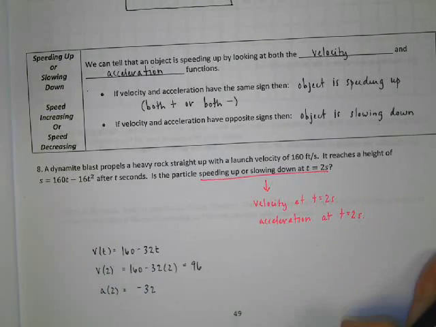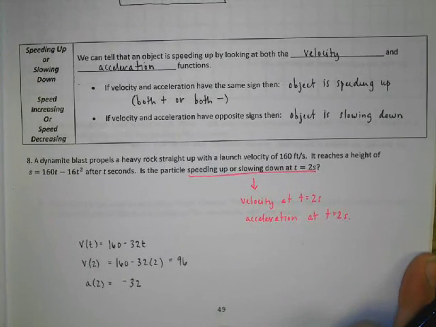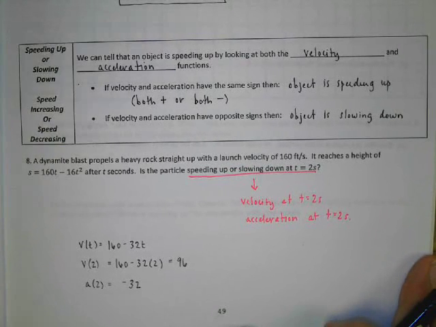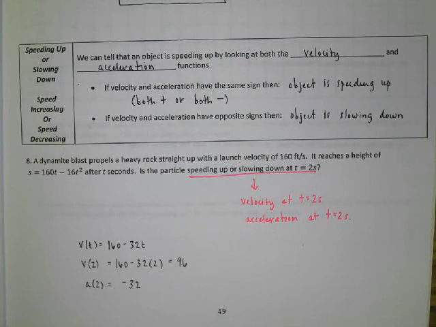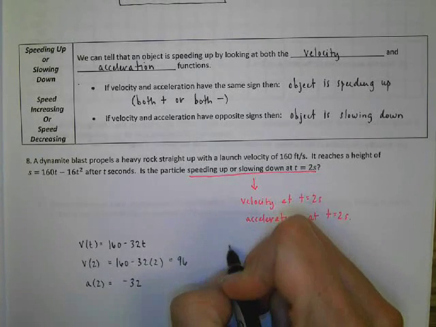Now if I'm comparing the signs, it's pretty clear to see here. My velocity is positive and my acceleration is negative. Since those signs are opposites, we would say that object is slowing down.